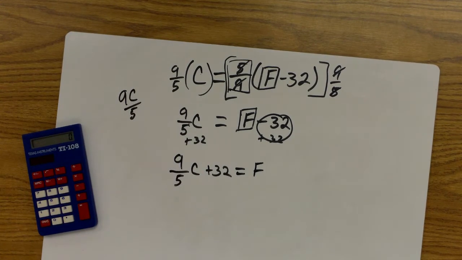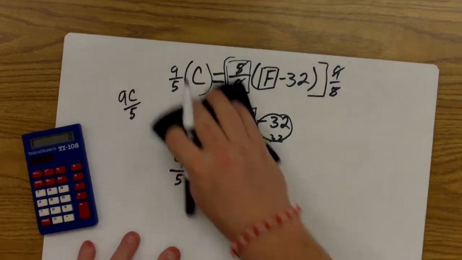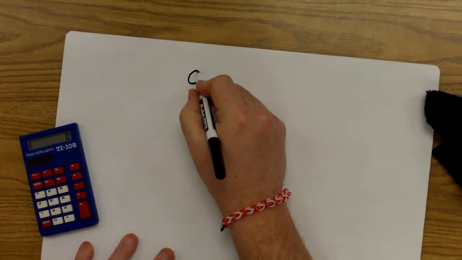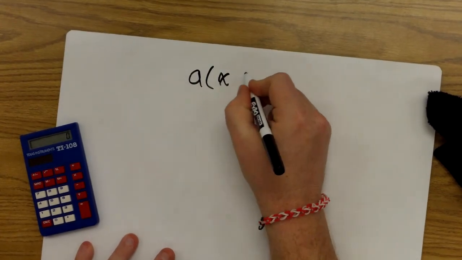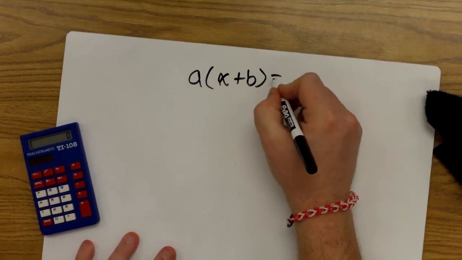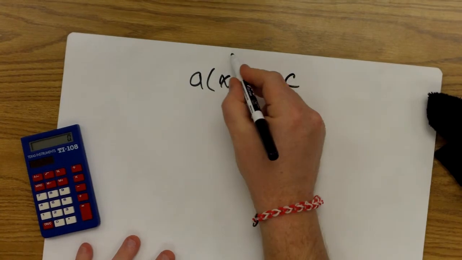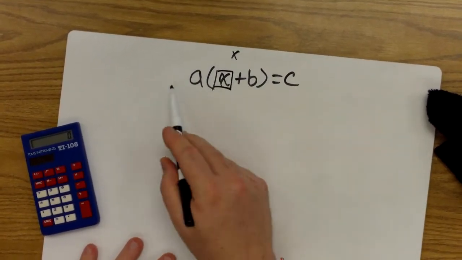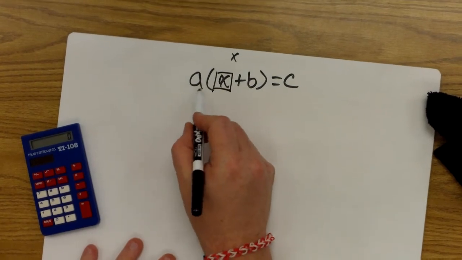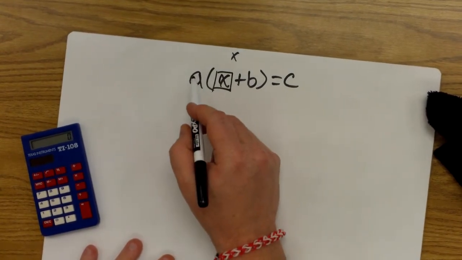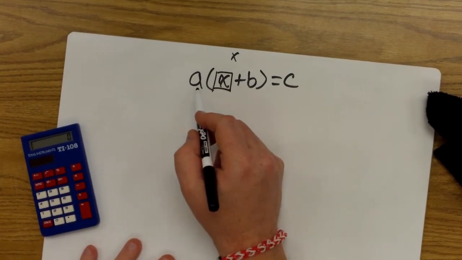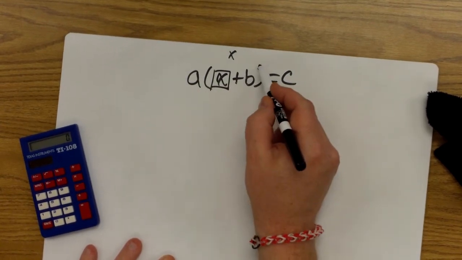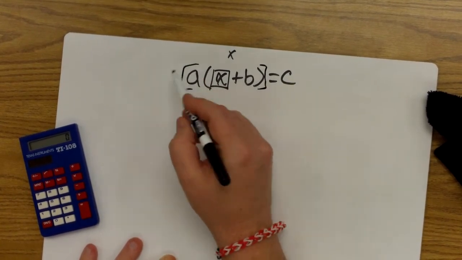Let's go ahead and do another general equation. Let's do A times X plus B equals C, and let's say we're solving for X. Okay, so I have an X inside, so I gotta go outside the parentheses. To get rid of this A, we're going to either times by 1 over A or divide by A. So I'm going to show it as times 1 over A this time.